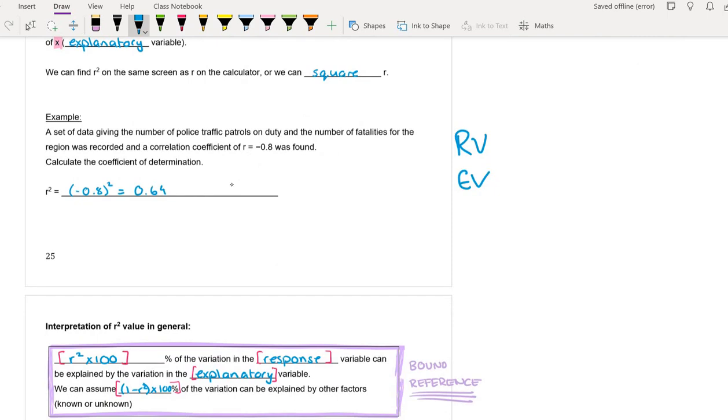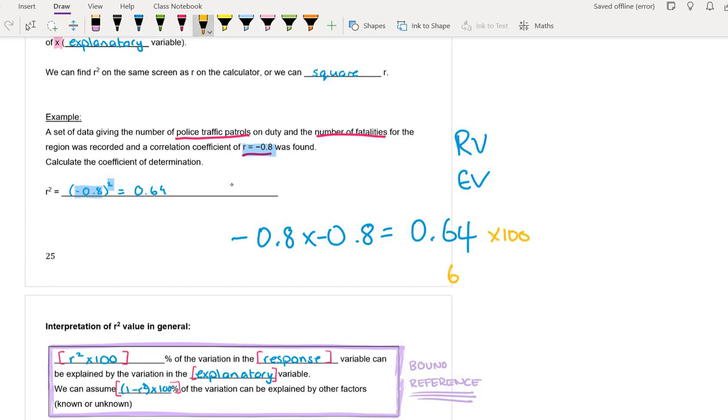For example, here we're given some variables and we're given the R value as well. To find the R squared value, all we do is take the R value and square it. Even though this is a negative R value, because we're squaring it, meaning we're timesing these two negative numbers together, we end up with a positive answer, which is 0.64. Turned into a percentage, 0.64 is 64%.